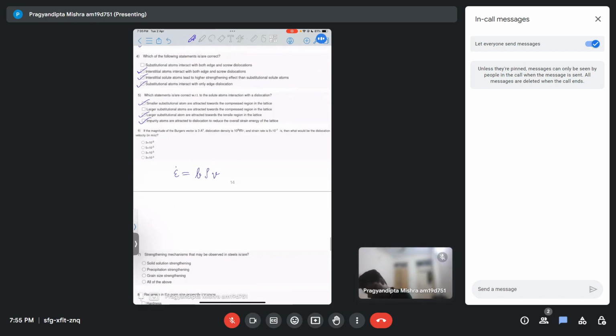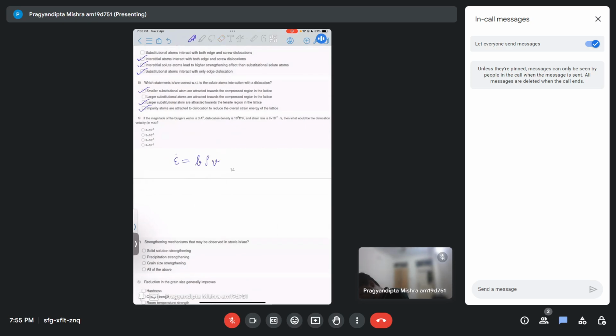That is the equation. So epsilon dot is given to us, strain rate 9 into 10 power minus 7, right? b is given to us as 3 angstrom, and let's convert it into SI. So 3 into 10 power minus 10. Rho is given to us as 10 power 8 per meter square. v is what you have to find out. So let's calculate v. Just use my calculator.